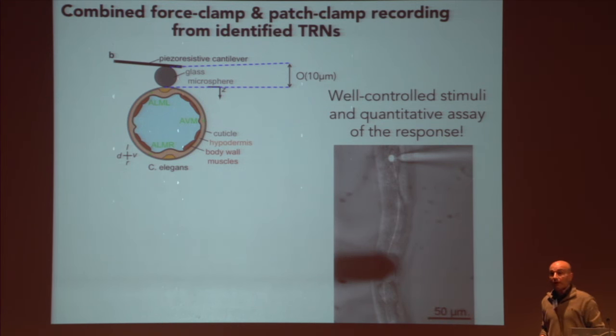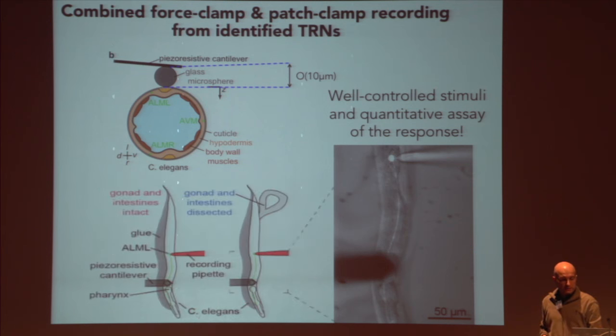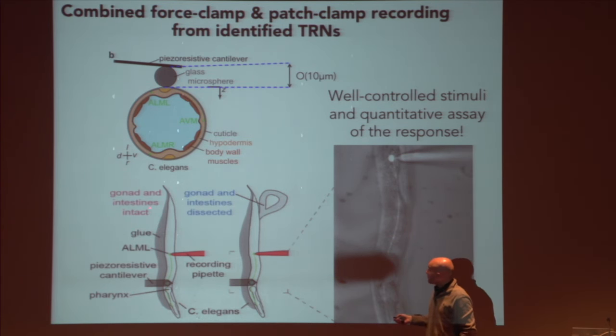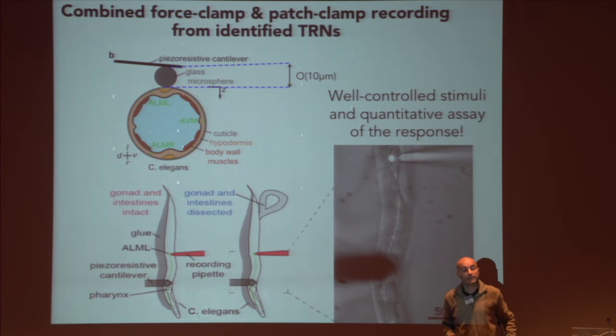Now, one thing that you can do with the worms that certainly you could not do with humans is the following. In the worm, as I just said, the preparation is that you just expose the neuron, but you keep everything else intact.